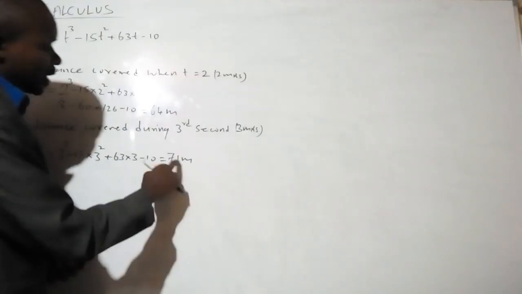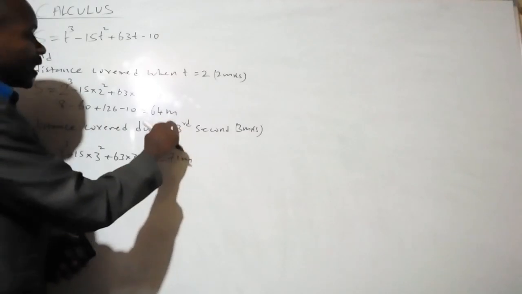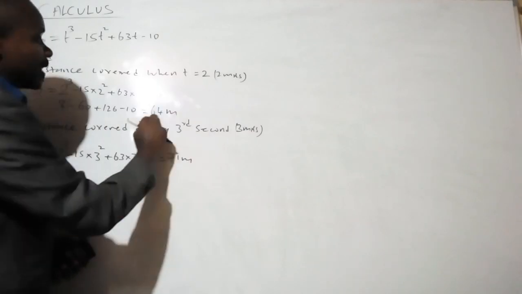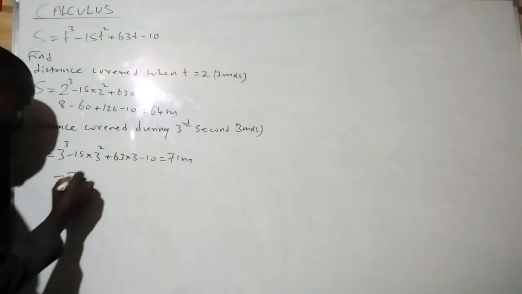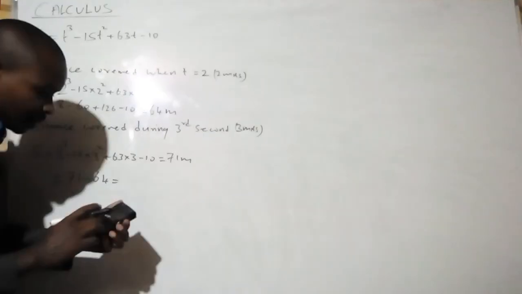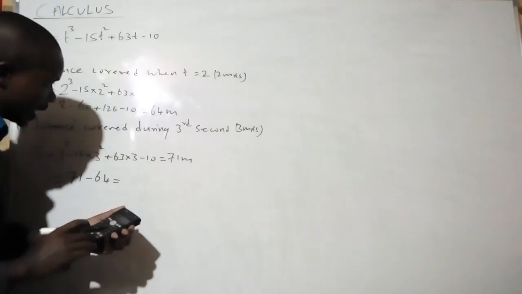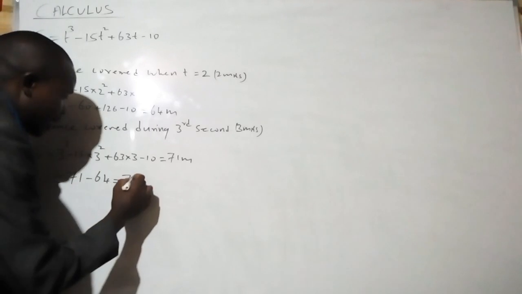The distance at the second is 64. So you take 71 minus 64 and you get 7 meters. Your 3 marks are there.